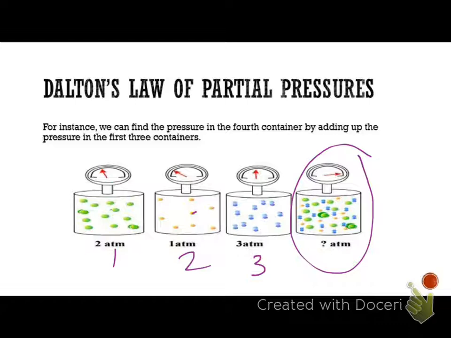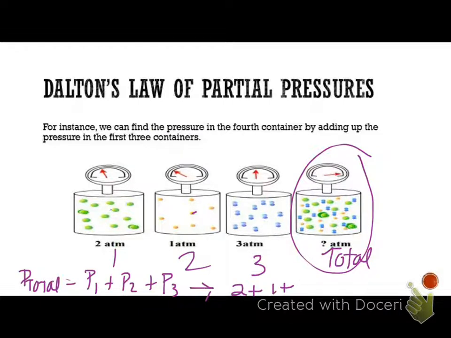Basically, if we wanted to figure out how much the total pressure is right here, we would take that equation and say P total is equal to P1 plus P2 plus P3, and then that would be 2 plus 1 plus 3, and so my total pressure would actually be 6 atmosphere. I know it seems too easy, doesn't it?